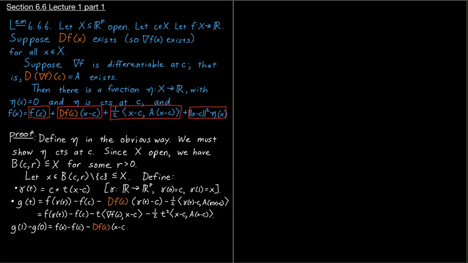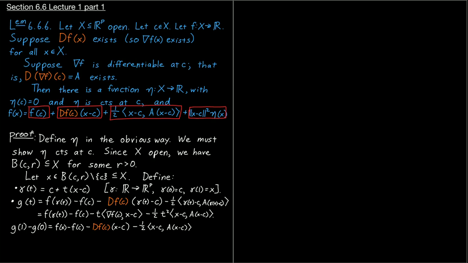Whether you write this with a gradient or a df does not matter too much. And then our 1/2 x minus c, A x minus c. This is all the g of 1 part, but if you plug in 0 for g, you get f of c minus a bunch of zeros.